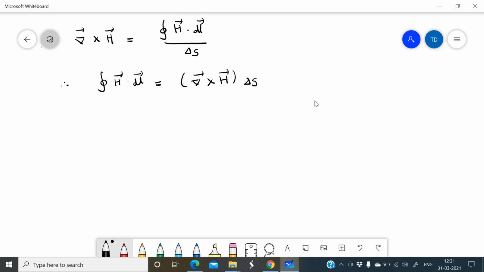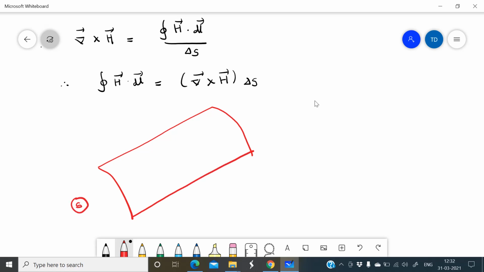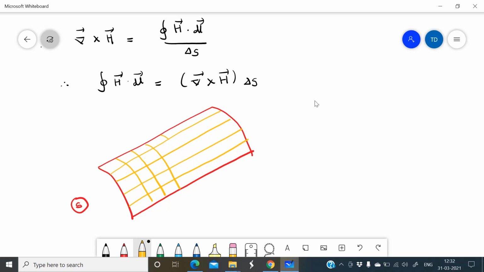To understand this concept, let us consider one surface. What is the total area of the surface? Here we can assume S is the total area of the surface. The direction of the surface is always perpendicular to it. I divide the surface into small and equal areas, and consider one differential surface.